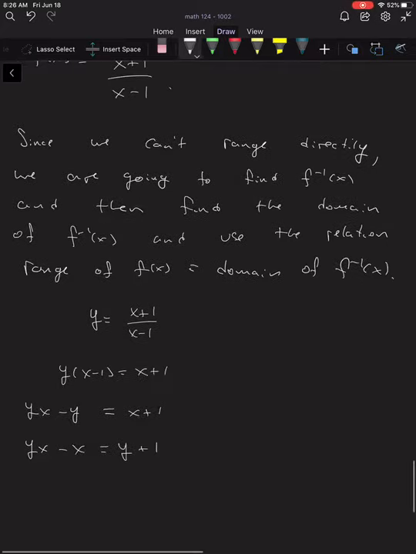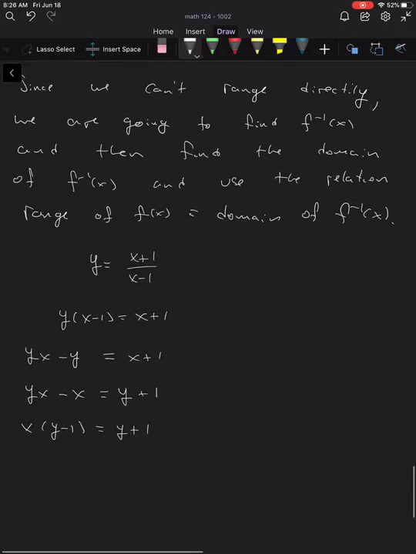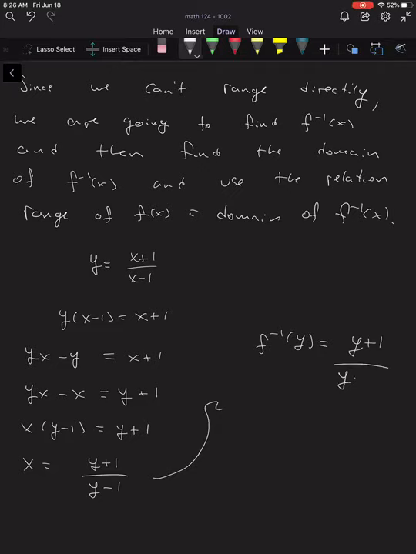Then we could factor out an x, y minus 1, and then divide by that y minus 1. Okay, so what we have here is that f inverse of y is equal to y plus 1 over y minus 1.